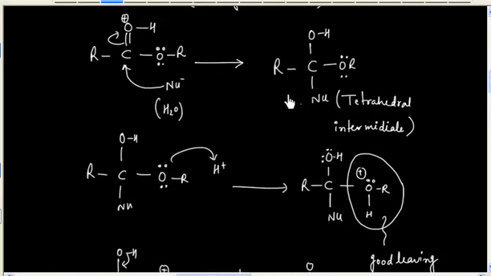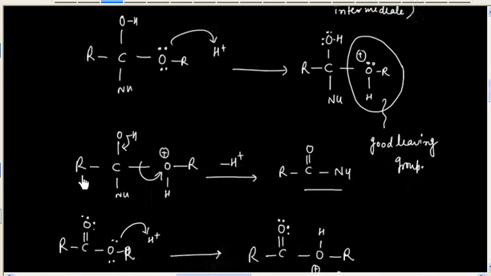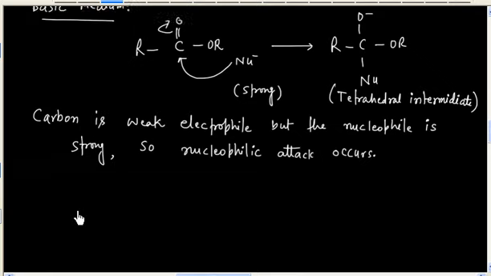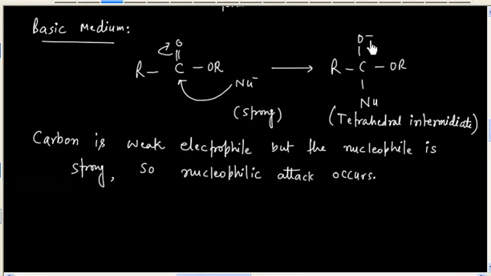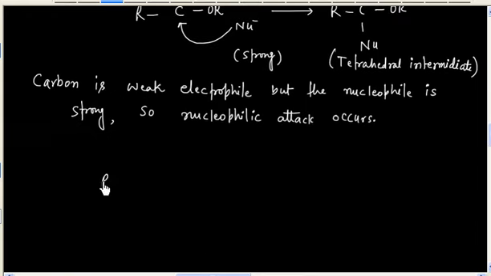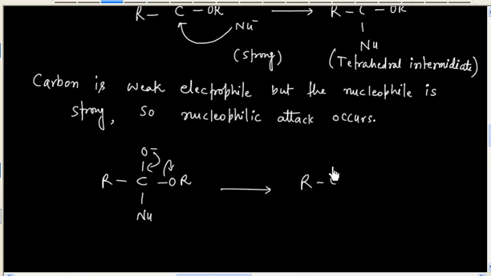For example, in acidic medium, this is the tetrahedral intermediate. Carbon is sp3 hybridized. That's why this is called tetrahedral intermediate. In the next step, we can lose this leaving group. So OR is a good leaving group. So negative charge will push this OR group. And finally we will have this product.